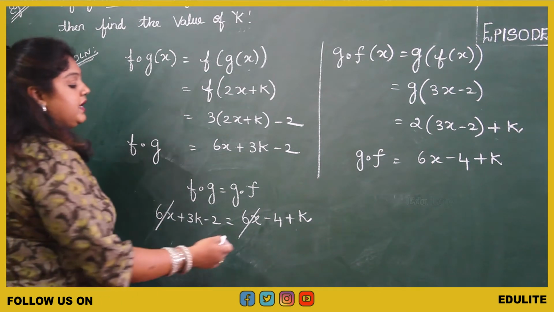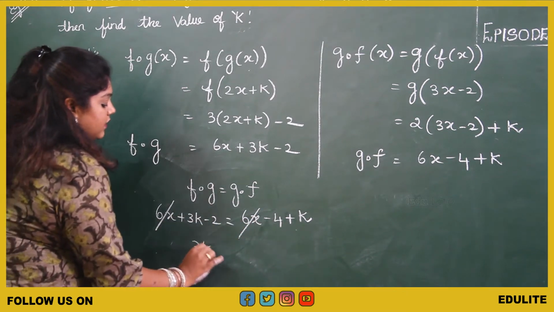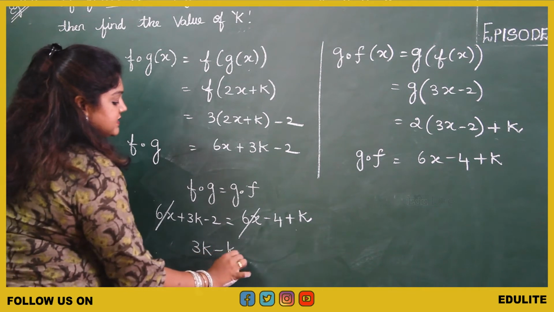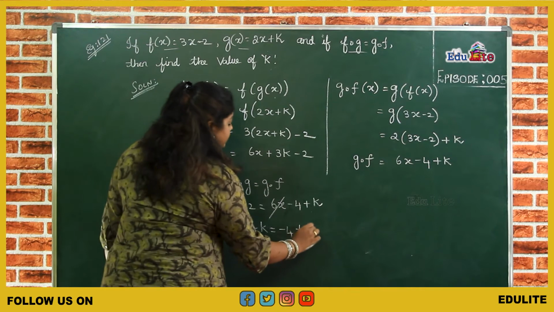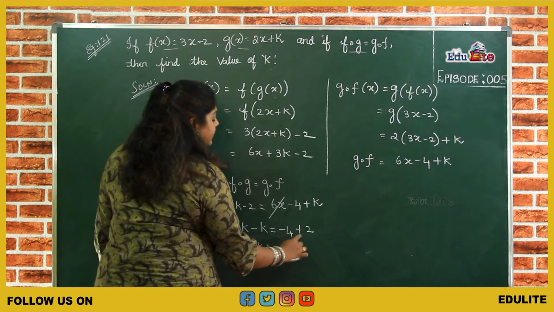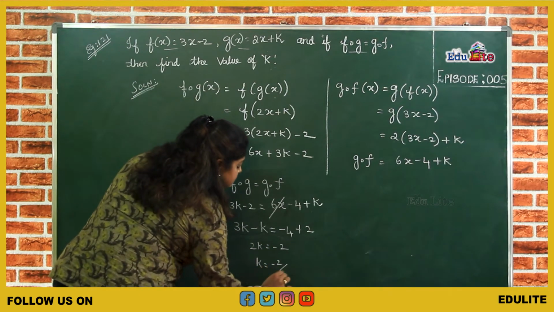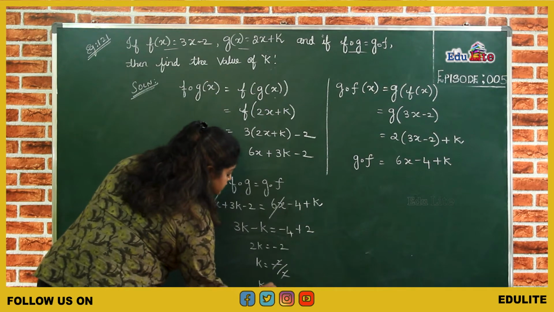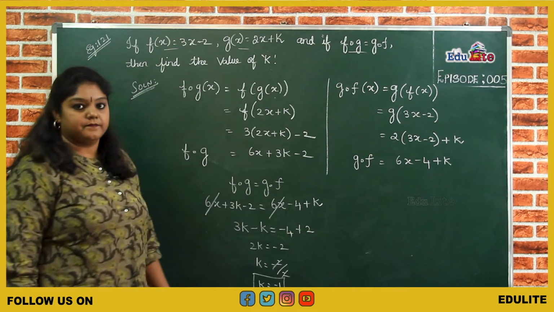We will keep k terms on one side and the constant terms on the other side. 3k, k if it comes to the other side, will become minus k, and minus 2 if it goes to the other side, will become plus 2. So 3k minus k is 2k, which is equal to minus 4 plus 2, which is minus 2. k equals minus 2 by 2, k equals minus 1. Thus we found the value of k.